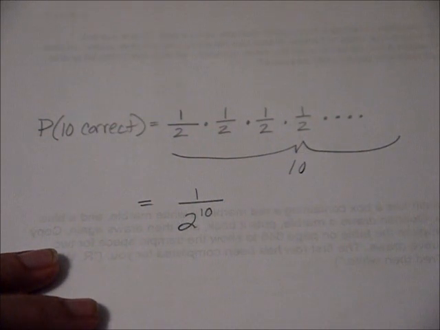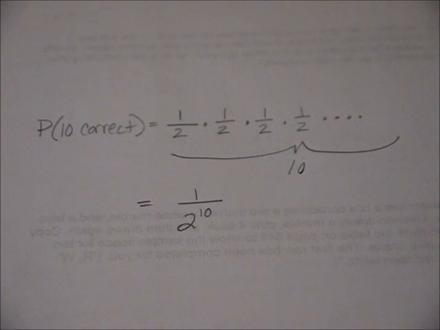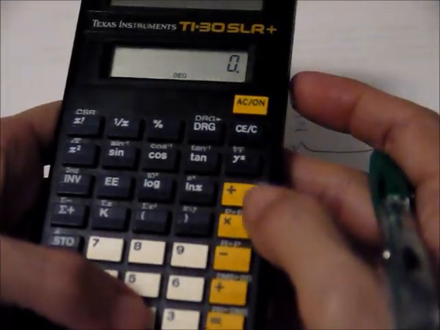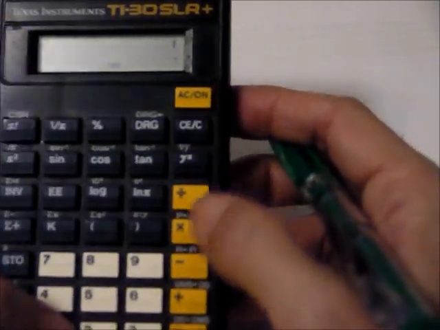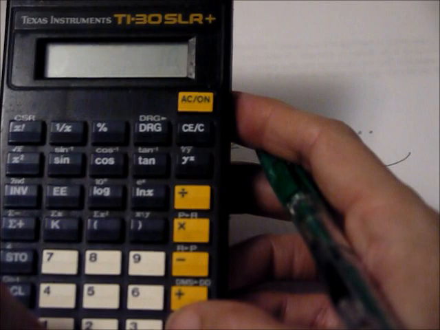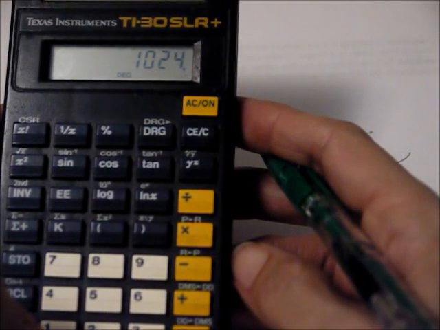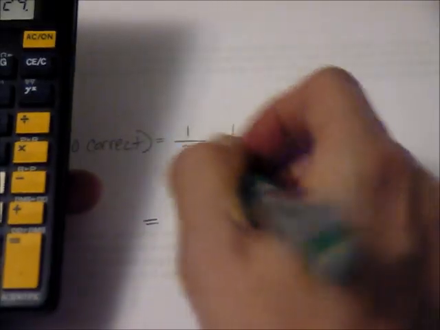Okay? So our calculators can do some interesting things. So we can say, what is 2 to the 10th power? I could try and do 2 times 2 times 2 times 2, or I can go 2 to the 10th power equals, and there we go, 1024.